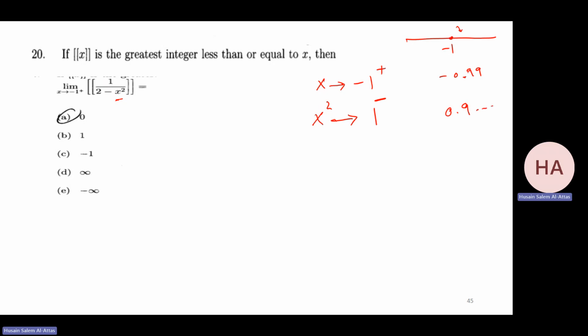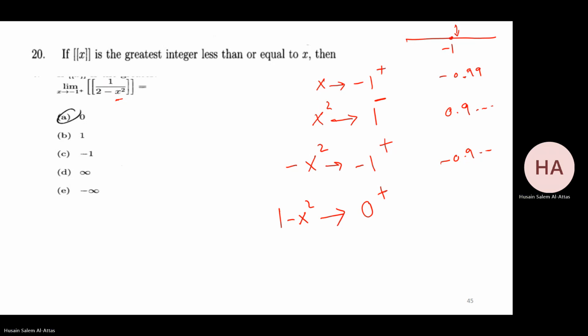So it will be 1 from the left. Multiply by minus, it will be minus 0.9 something, which is minus 1 from the right, I mean more than minus 1. Add 1 to this, you will get 0 from the right.